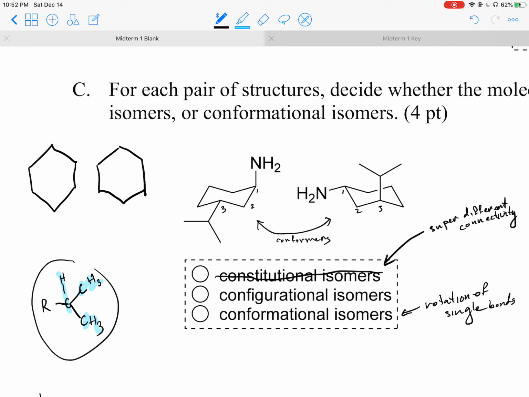I'm going to look it up on my phone real quick, what configurational isomers are, because I think it's just when, like, R versus S. I think it's when it's attached. Here, let me just look it up. Configurational isomers.